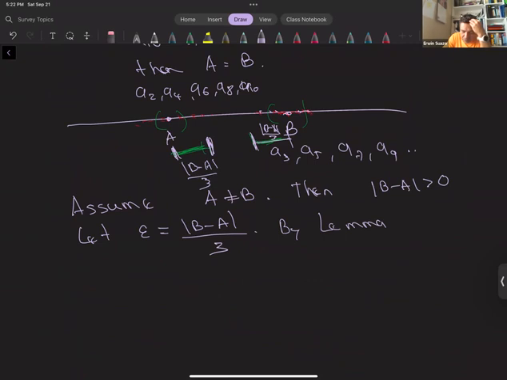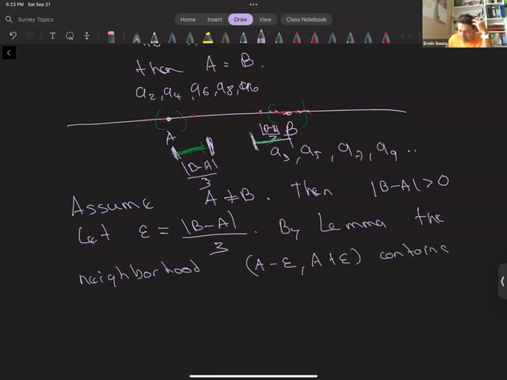the neighborhood around A, that would be A minus epsilon, A plus epsilon, contains all the sequence except a finite number.